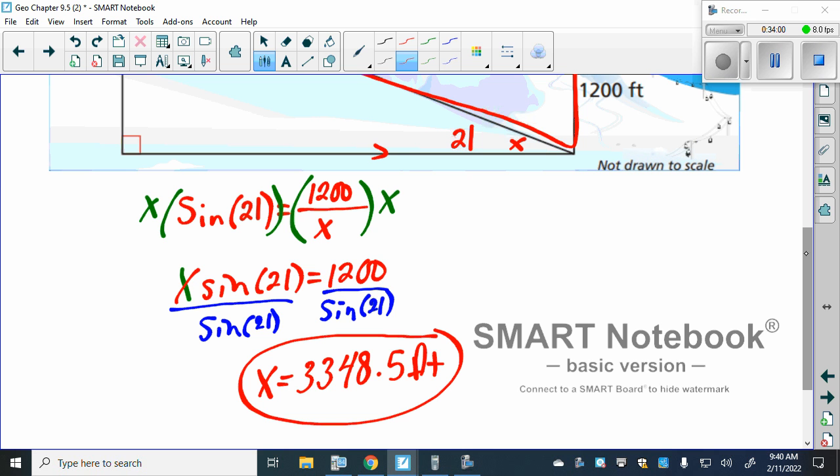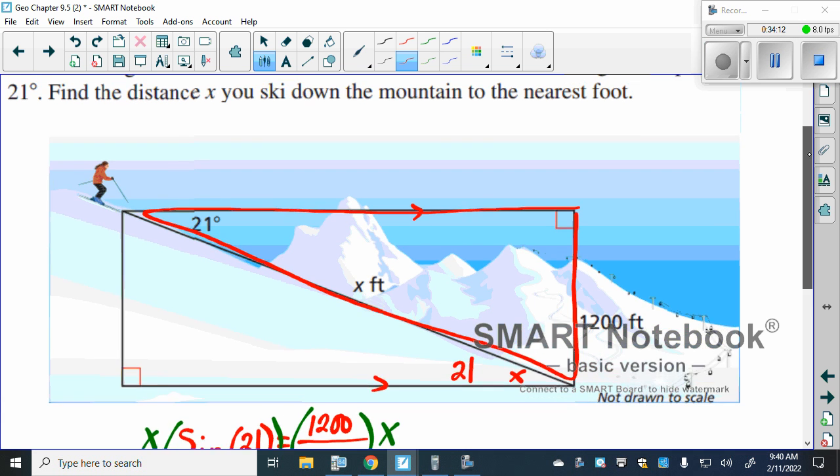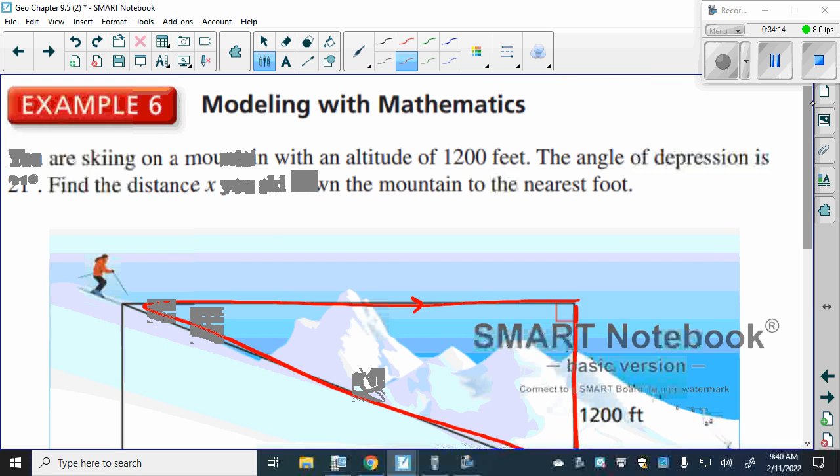Just go 4 decimal places, just because that's what the instructions say. I don't know why the person who made that said 4, but yep. So on all of them, you're just finding x. Yeah, because it's only asking for one variable. It's just asking you to find the value of x.